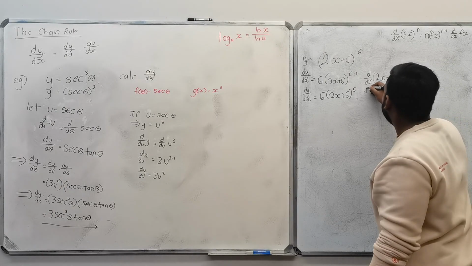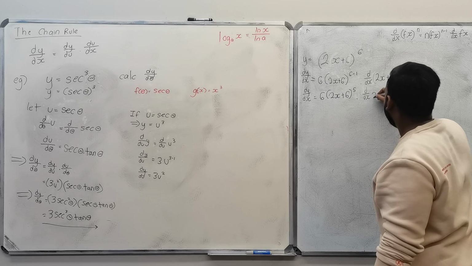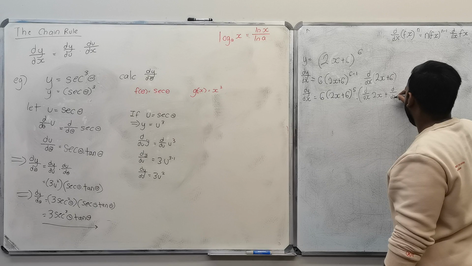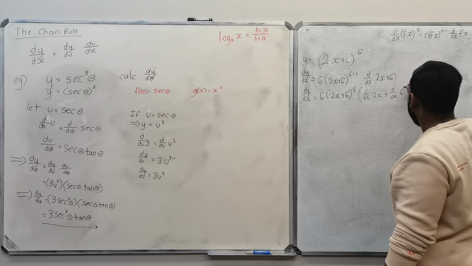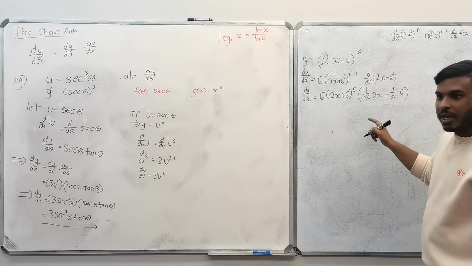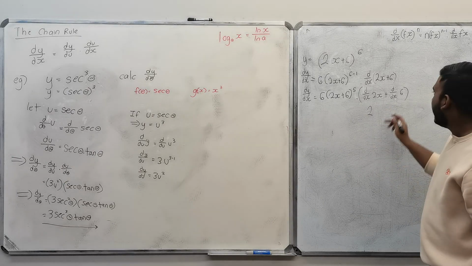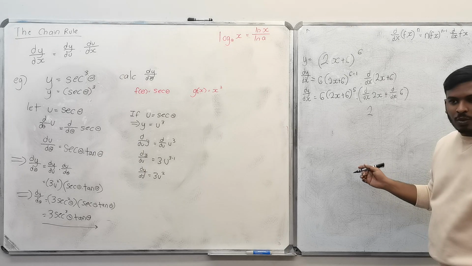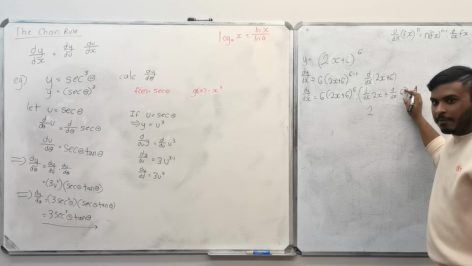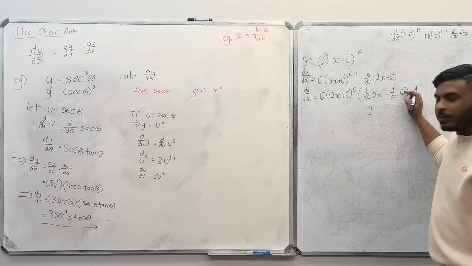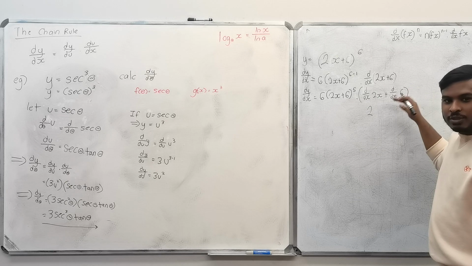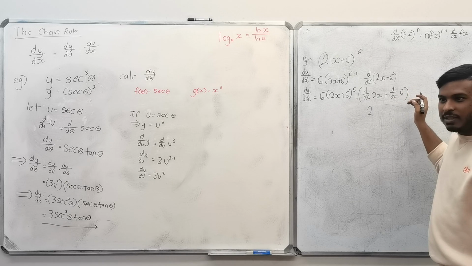Remember, this is d over dx times 2x plus d over dx times 6. So when you derive this, it becomes 2, and then this here, 0.